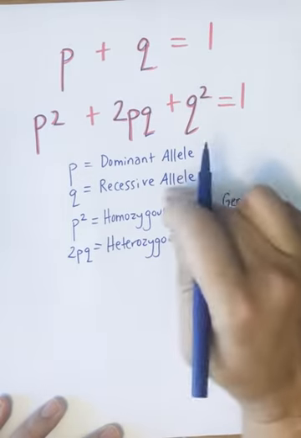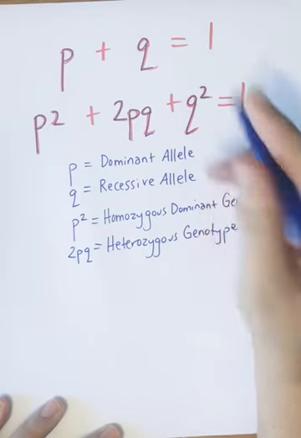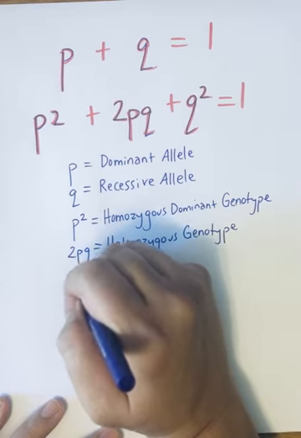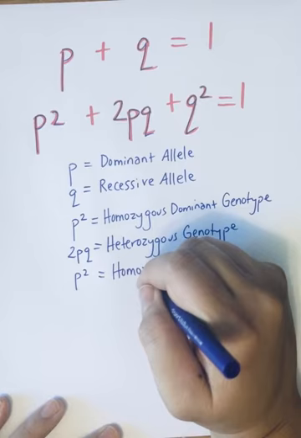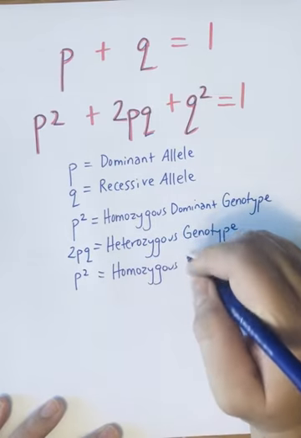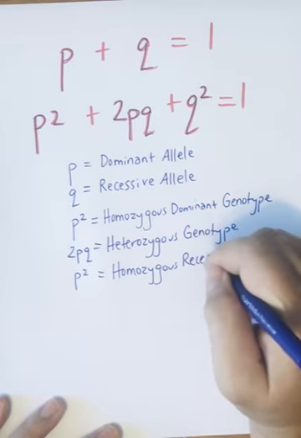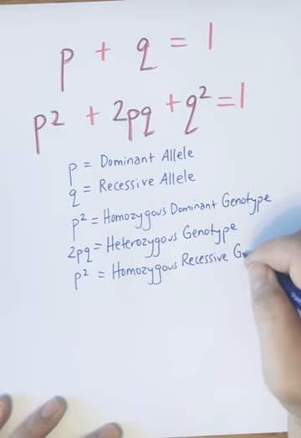So if you have two recessive alleles, Q squared, then that is obviously going to be the homozygous recessive genotype.